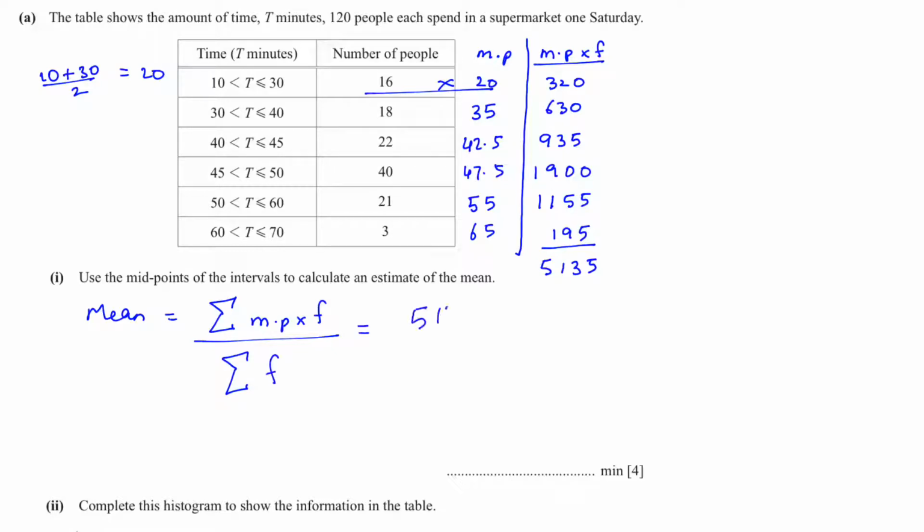So this we found is 5135. The total frequency we already know is 120. So 5135 divided by 120 will give us 42.79, rounded to one decimal, 42.8 minutes. In A2, complete this histogram to show the information in the table.